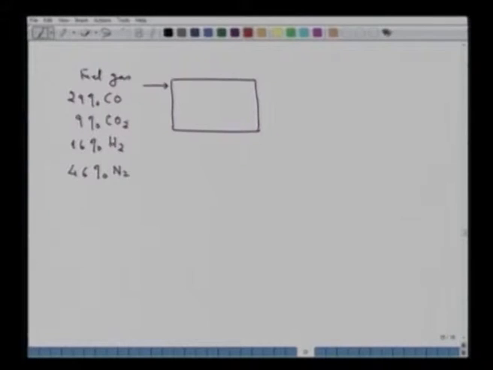Now, this particular fuel gas is burnt with dry air. Dry air has a composition of 79% nitrogen and 21% oxygen. That is what is given to us.